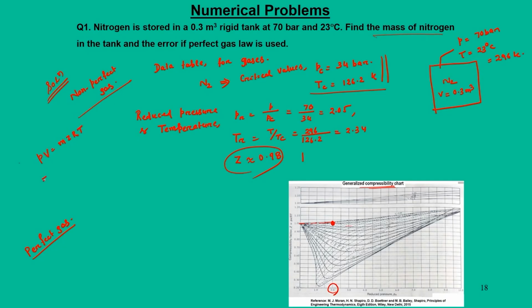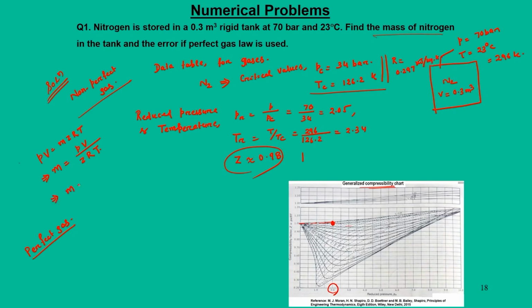So, from this equation, with Z as 0.98, the mass is equal to PV by Z R T, and for nitrogen we can note down R as 0.297 kilojoule per kg Kelvin.